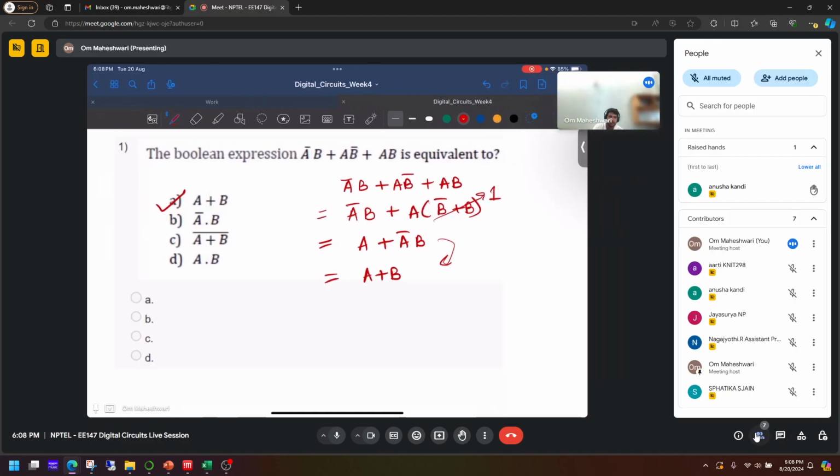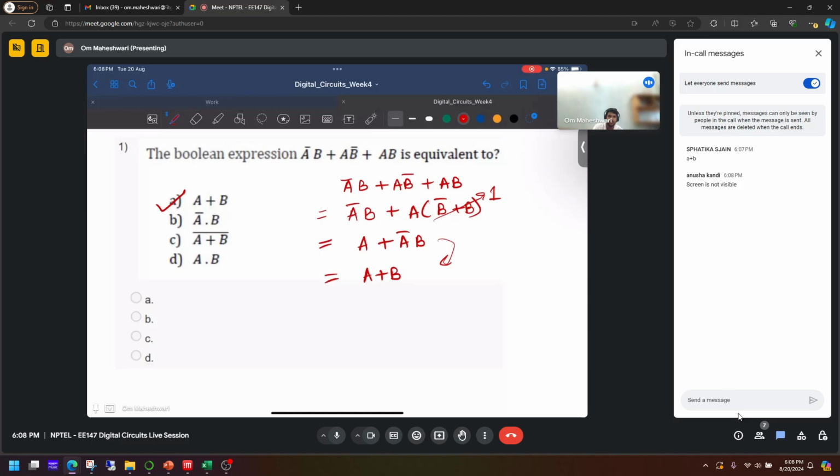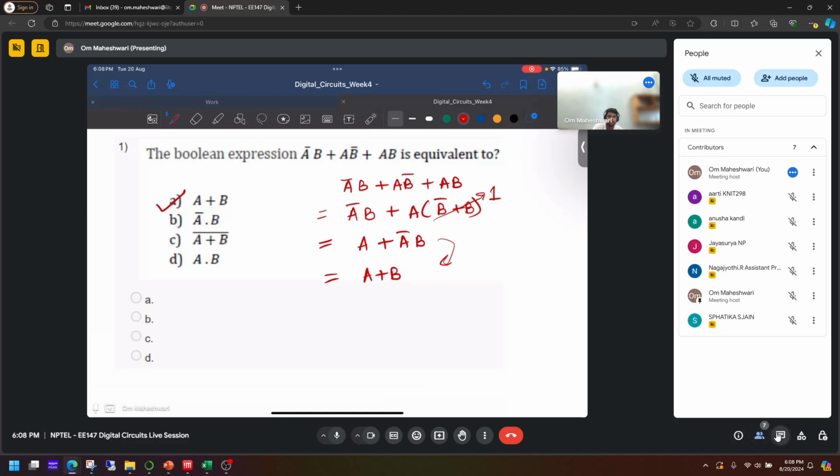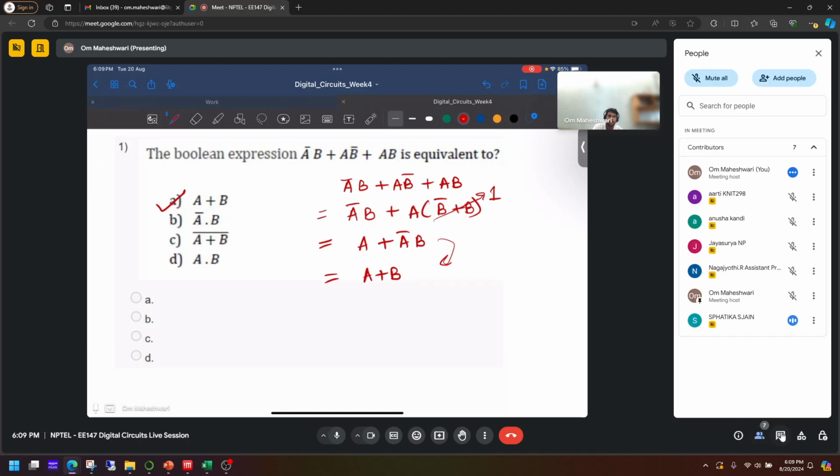Anusha, is there a doubt? Screen is not visible. Is it the same case with everyone? Can anyone else tell me if the screen is visible? It's visible. Okay, thank you. Anusha, can you maybe reconnect?